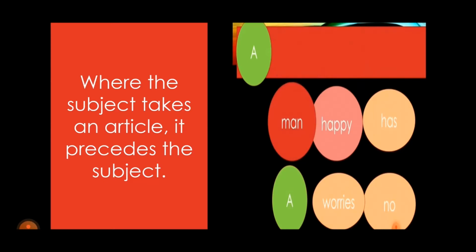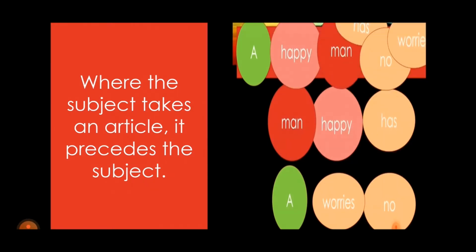Here you see where the subject takes an article, it precedes the subject. So "a" comes first, happy is the adjective, and man is the subject. Other things are in proper order.